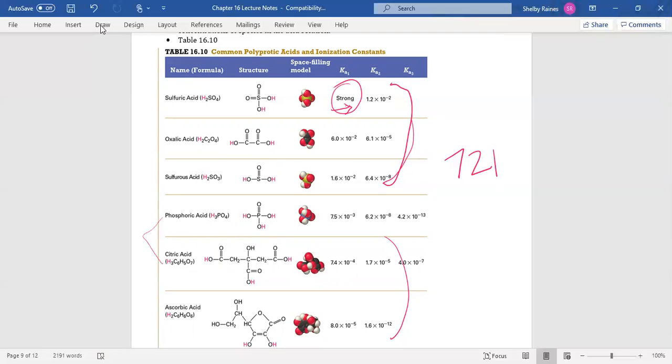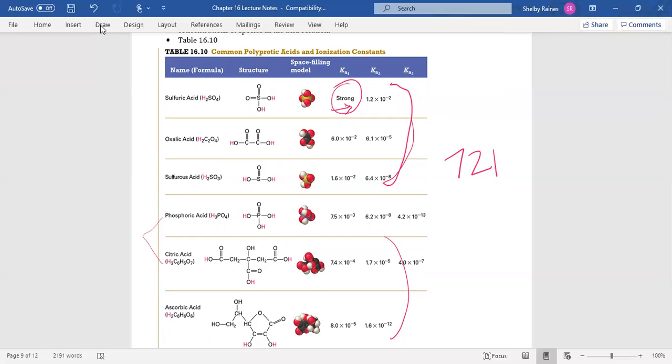The reason it is a weak acid in the second ionization is because you already have hydrogens floating around in that solution now. And if you already have hydrogens, chances are that acid isn't going to want to give up any more of its protons, because when you took that first hydrogen, you made it negative.